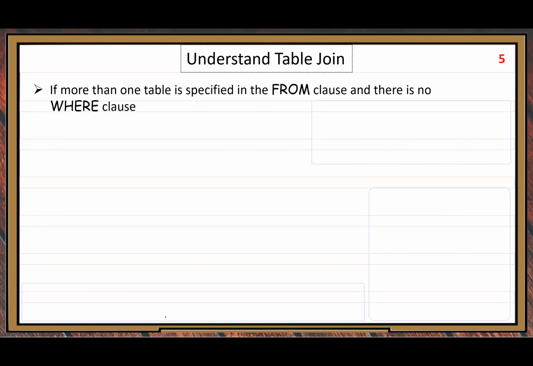So when we start, we use a concept called the cross product. What is the cross product? It comes from set theory in discrete math, so here we need to use a discrete math background.